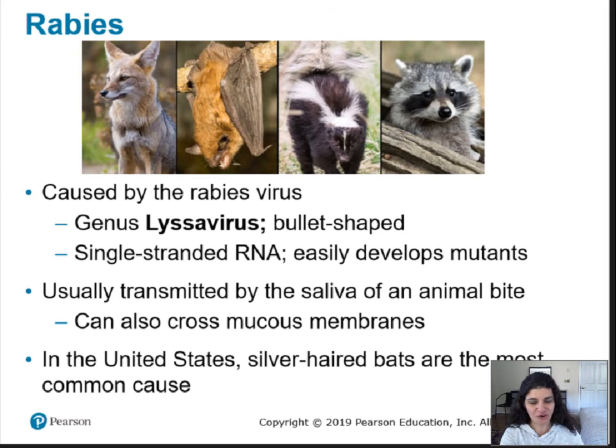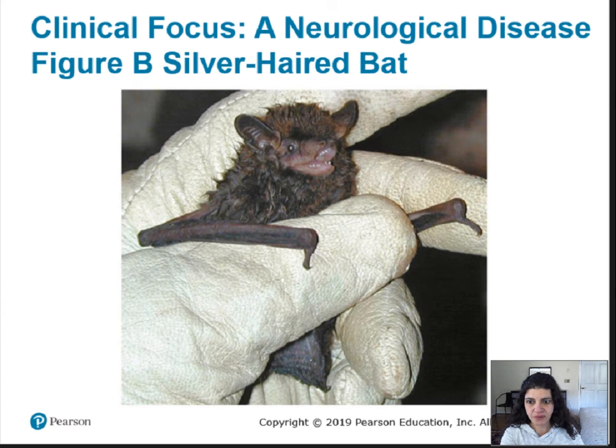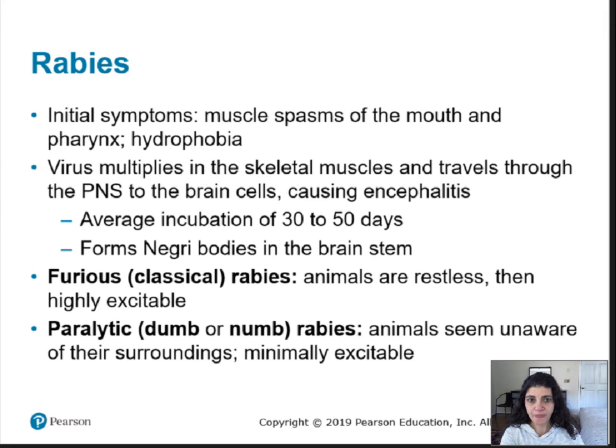So we don't have a lot of rabies here. It's very rare, but it's because of this control and because usually people are able to keep a distance from wilderness, right? That is one of the transmitters.